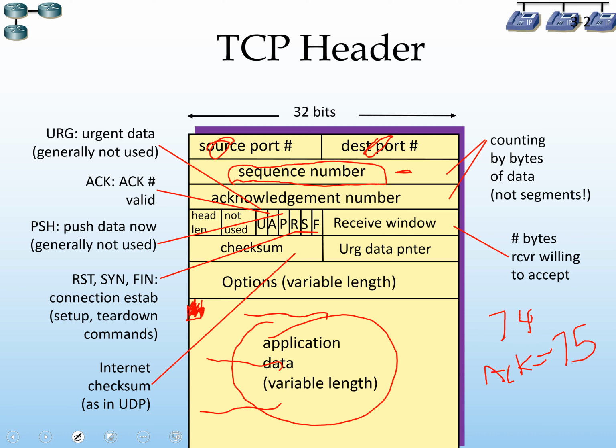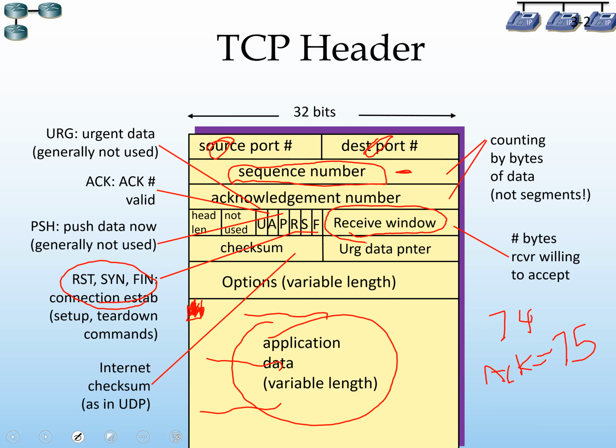Finally, there are some fields in here, and we're not going to particularly worry about those. We'll worry about the reset, synchronization, and finish fields in just a second. Now, this receive window is really important. If you are a receiver of data, you know how much memory you have that you can set aside for data coming in.